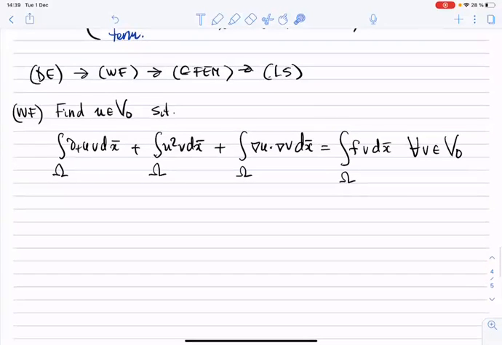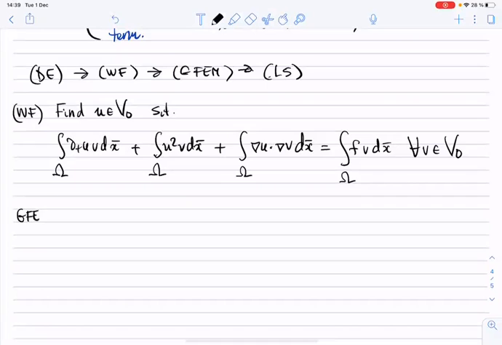And we follow the same procedure as we did before. There's a triangulation, there's a mesh. We construct the finite subspace of this space. And then we write the weak formulation in the finite dimensional space.